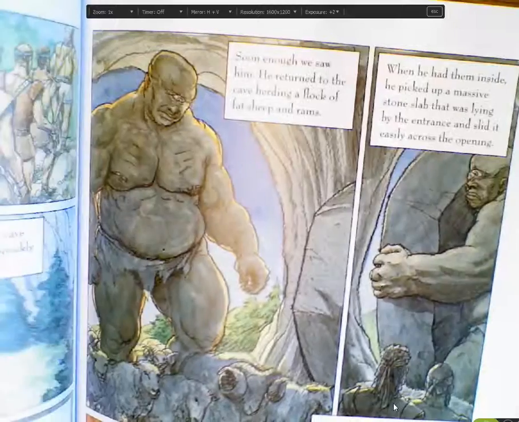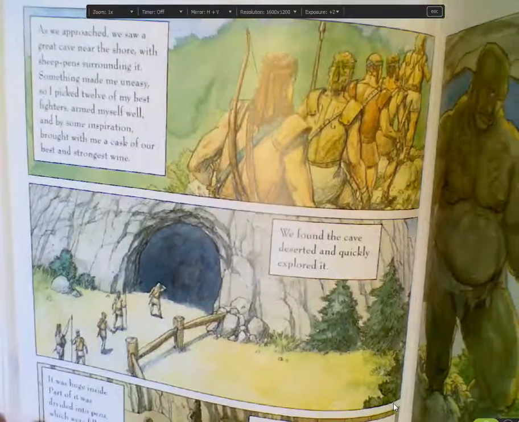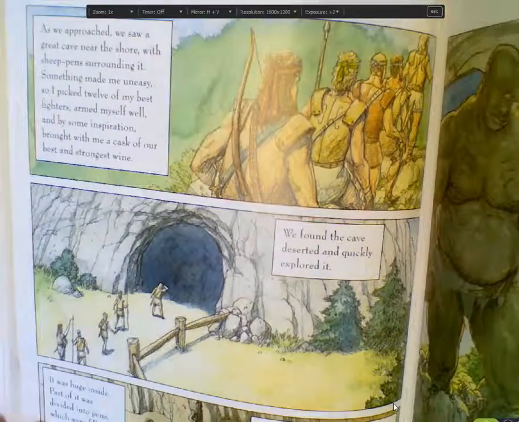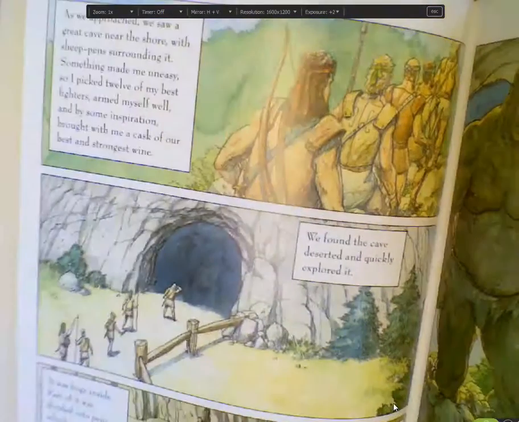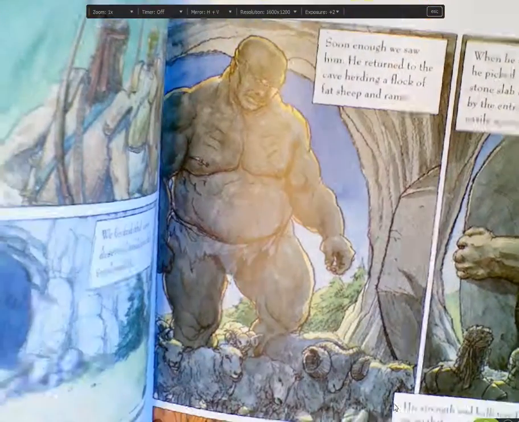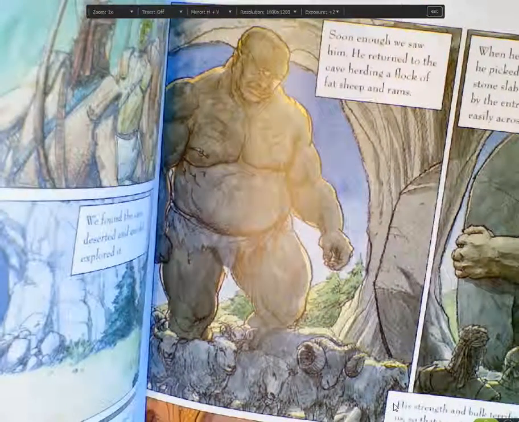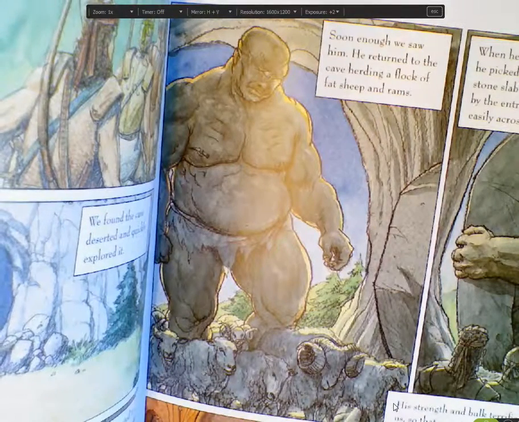So remember, they came upon a land of beautiful pastures, goats roaming, cheese, all kinds of abundance everywhere. And then they came upon this massive cave and decided to explore it. And shortly thereafter came this giant monster of a man, the gigantic Polyphemus, who is a Cyclops.